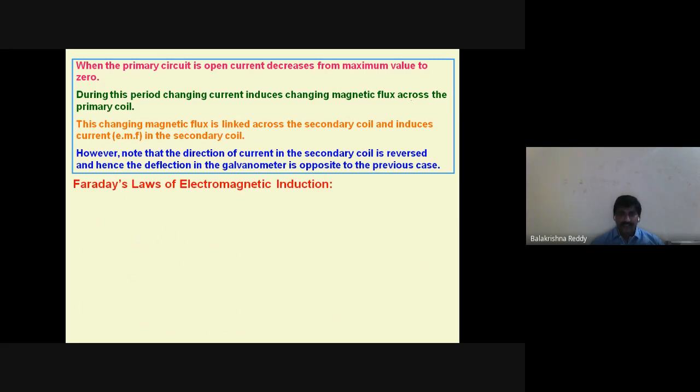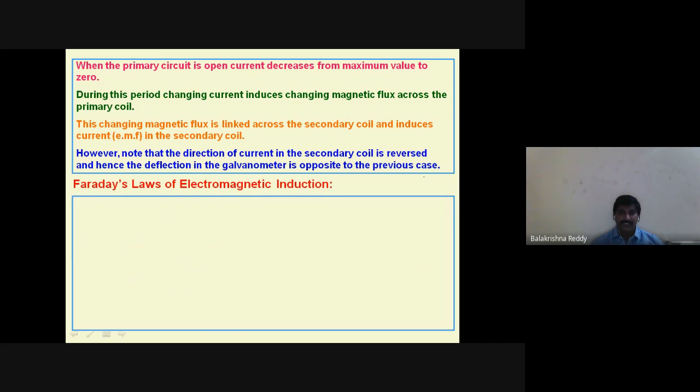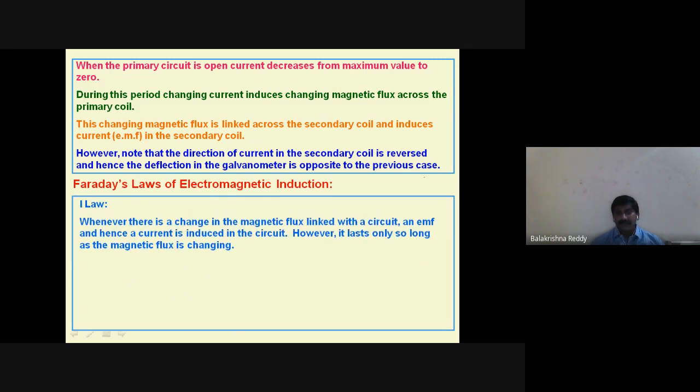The first law: when there is a change in magnetic flux linked with the circuit or coil, remember the point, an EMF and hence current is induced in the circuit.